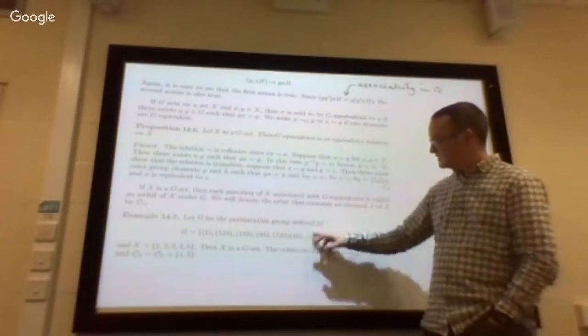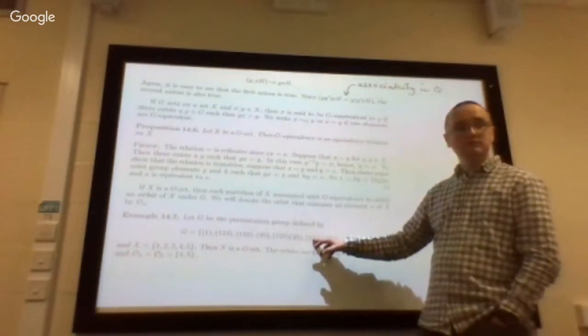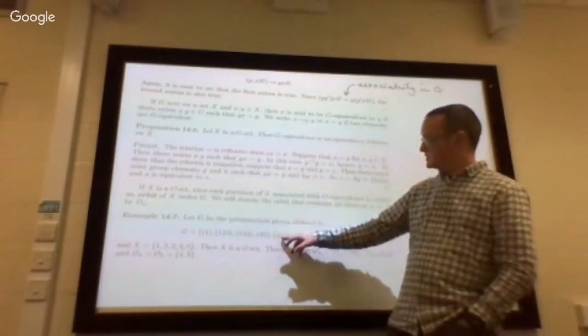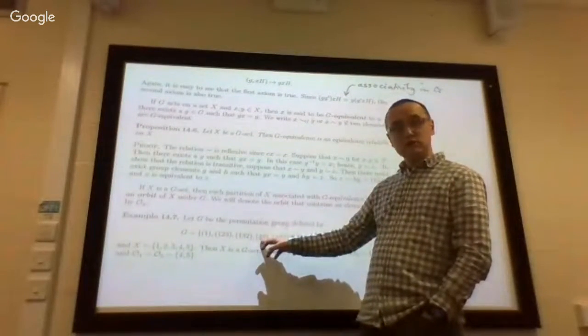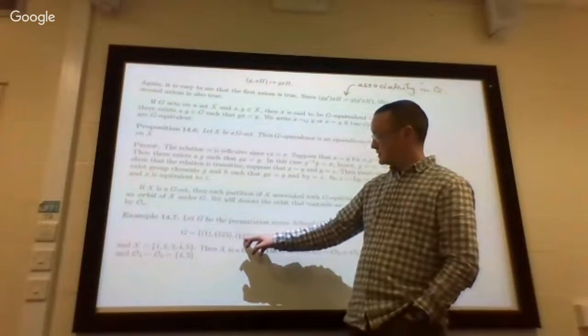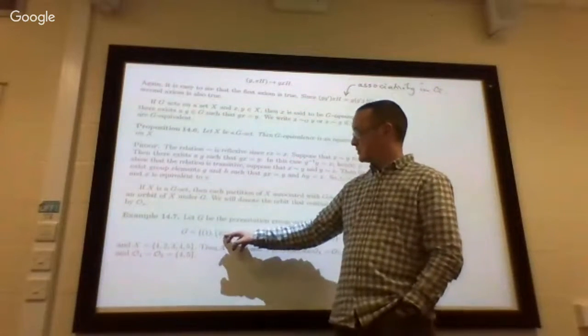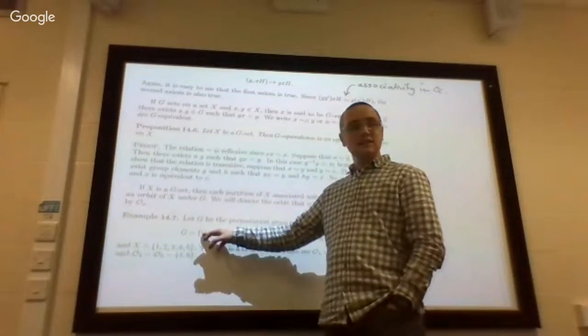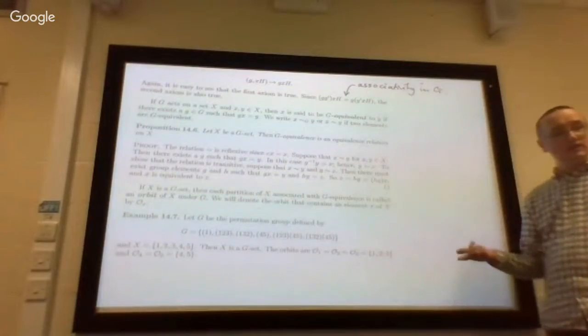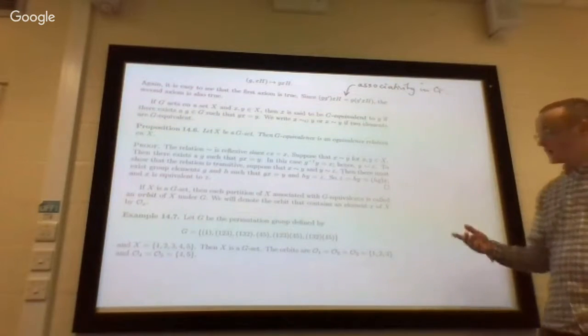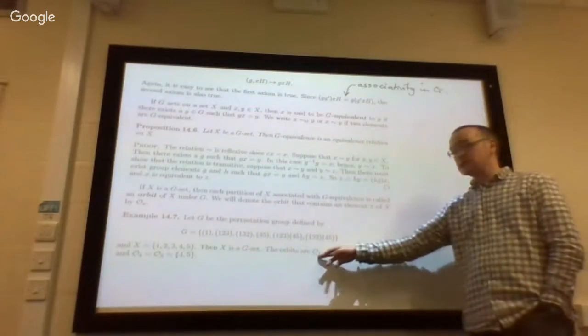Well, this one on the very end sends 1 to 3. This one sends 1 to 2. That one fixes 1, sends 1 to 1. That one sends 1 to 3. That one sends 1 to 2. That one, the identity, fixes 1 as well. So I only ever mentioned 1, 2, 3 as possible images of 1. So that means 1, 2, and 3 make up the orbit of 1.